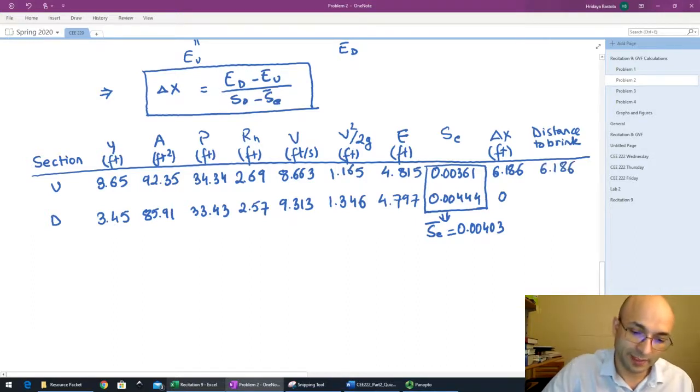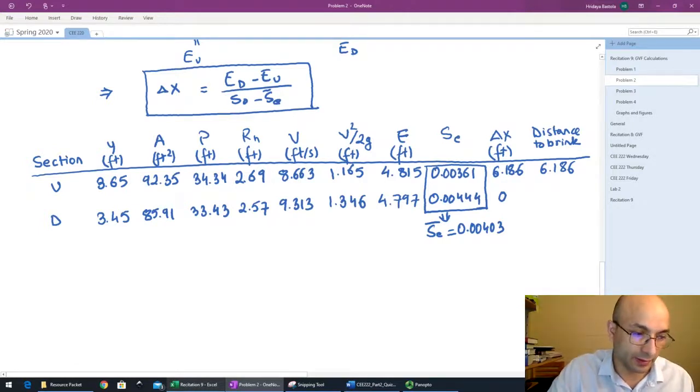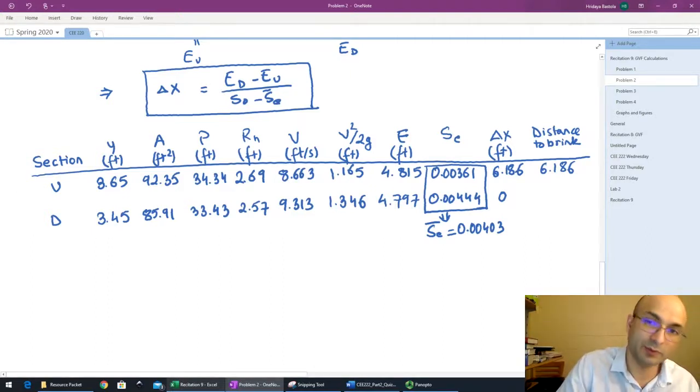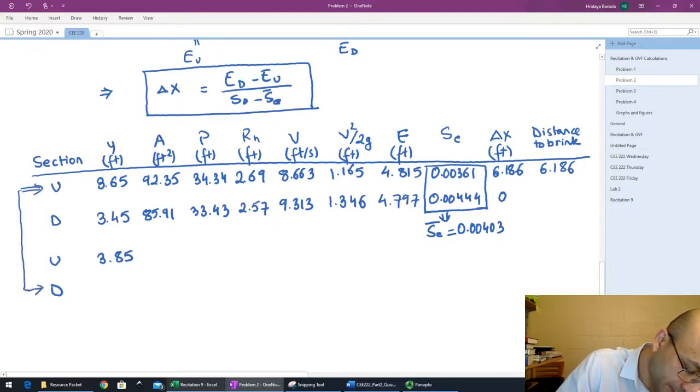Now we'll repeat the same steps for the next section. So for the next section, the downstream and the upstream from the first part is going to be this downstream for that. So the upstream is going to be 3.85, and downstream is going to be this value here. So we'll just use that here, 3.65.